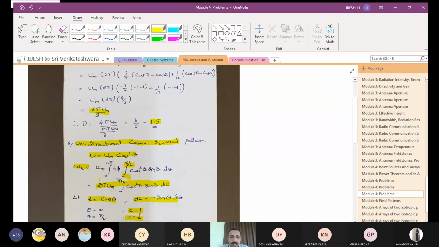So substitute the limits and simplify it further. Improve your speed in doing integration and make sure that you are not making any mistakes while doing the integration part. It will be very much required for you.